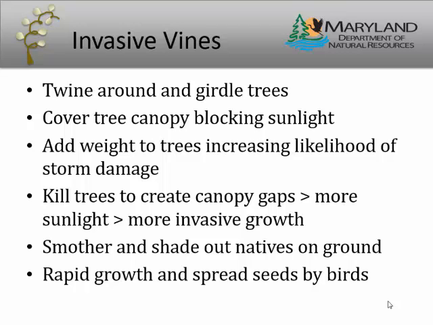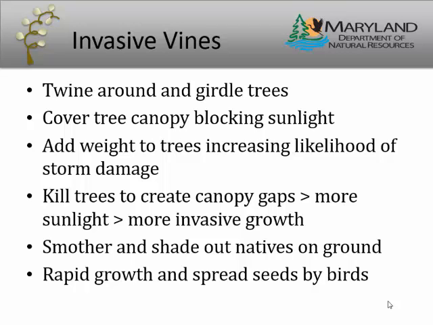All right. So if shrubs are worse than the invasive trees, then vines are worse than the invasive shrubs. So the vines actively kill the mature trees. So if you're not ready to go out and tackle all of the shrubs that might be causing a problem, definitely, as was mentioned before, keep an eye out for the vines and try to keep them under control.